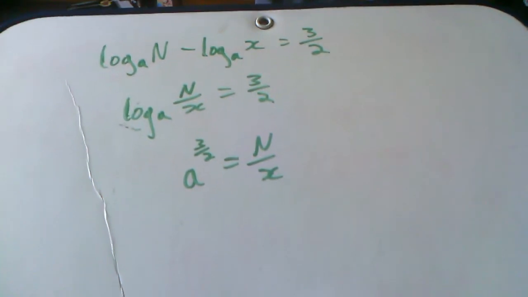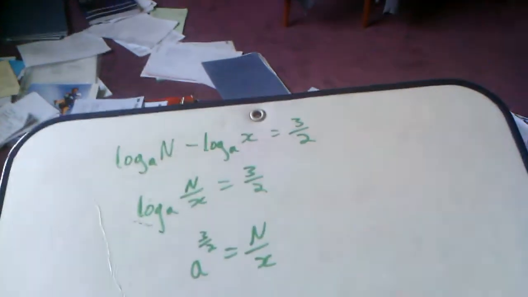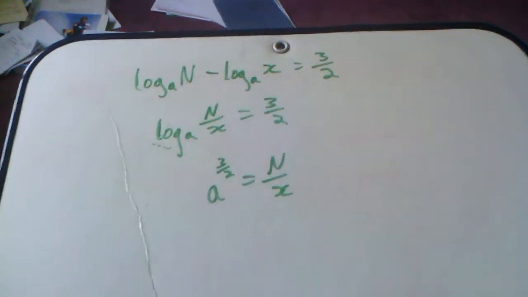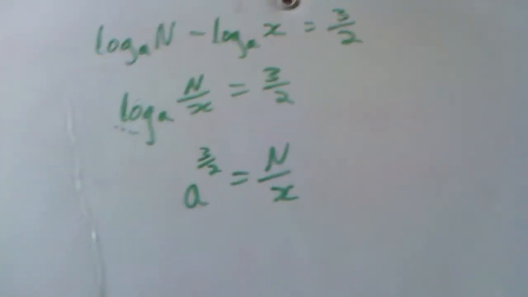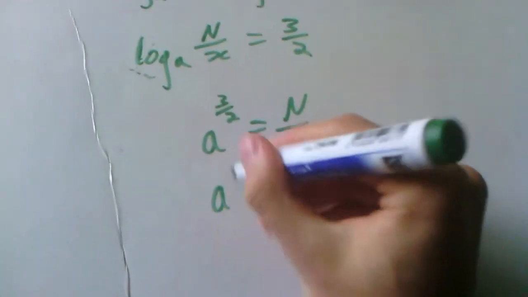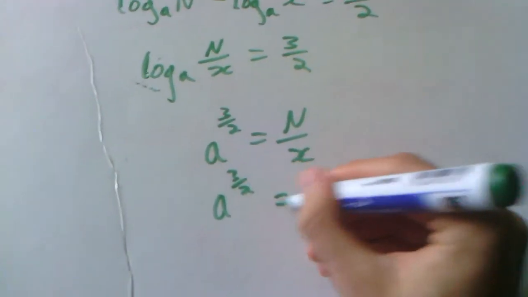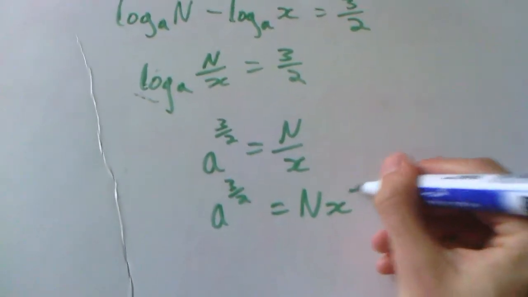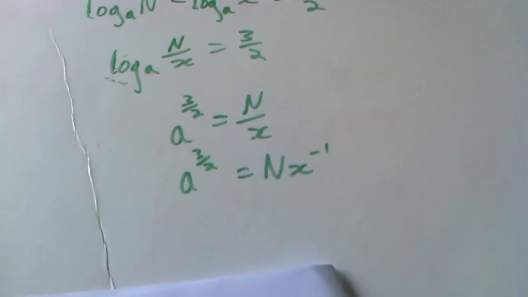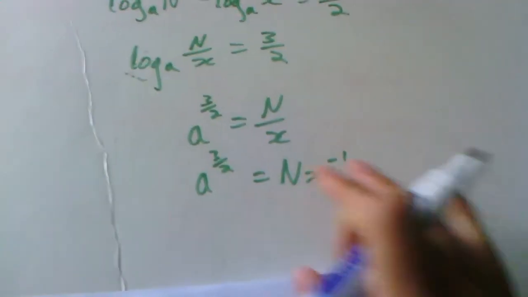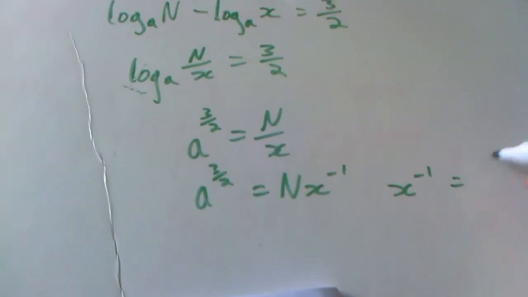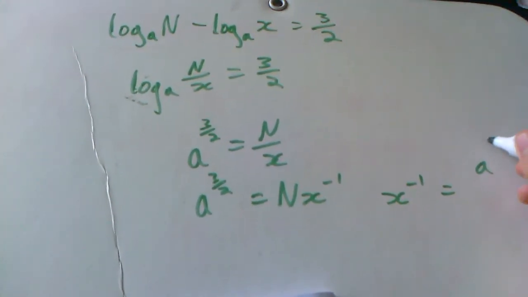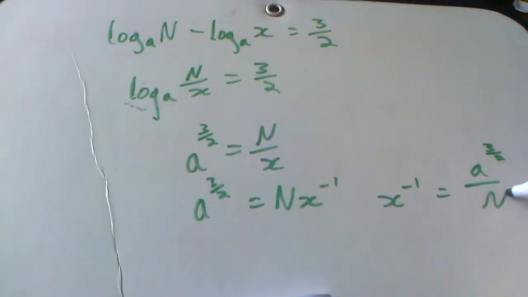We're expressing x in terms of a and n at the minute, so we can also write that as a to the 3 over 2 equals n x to the minus 1. If we put n on the other side, x to the minus 1 equals a to the 3 over 2 over n.